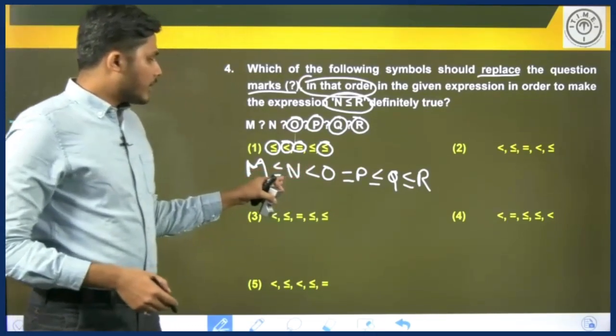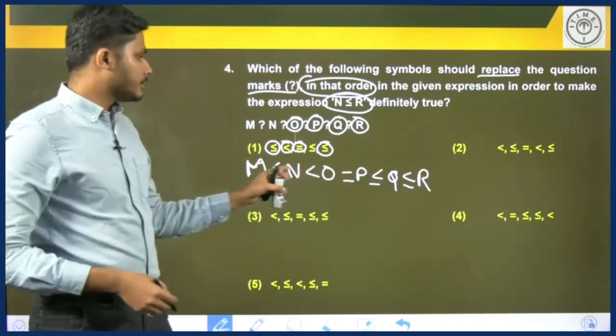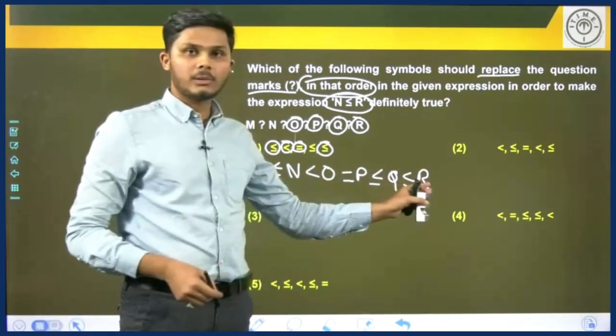So, let us first find out the relation between P and N, then N and Q, and at the last the relation between N and R.